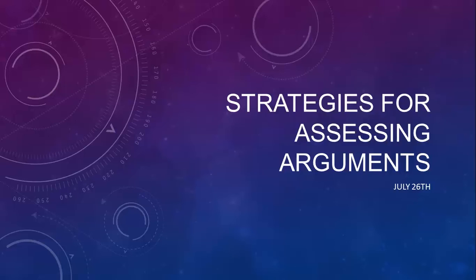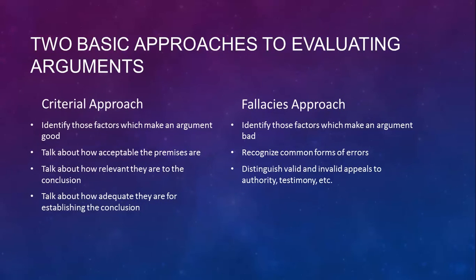So we're dealing with strategies for assessing arguments. There are basically 2 approaches that the textbook and we will go through, a good cop, bad cop thing. The criterial approach, the good cop, is where we talk about the things that are right in an argument, the factors that make an argument good: true premises, relevant premises, and premises that are enough to establish the conclusion.